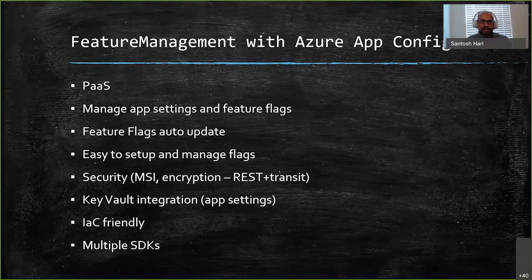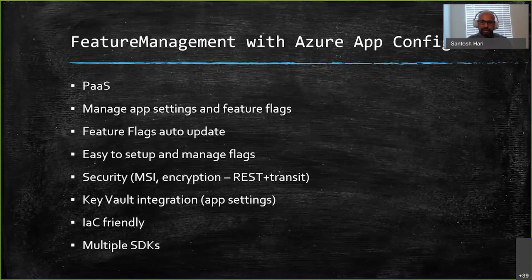So the advantages of using Azure App Configuration: you can spin it up within minutes. It has flexible key representations and mappings for app configurations and flags. It has tagging with labels, which you can use to set environment type settings, like if you want to do one for test, one for prod.